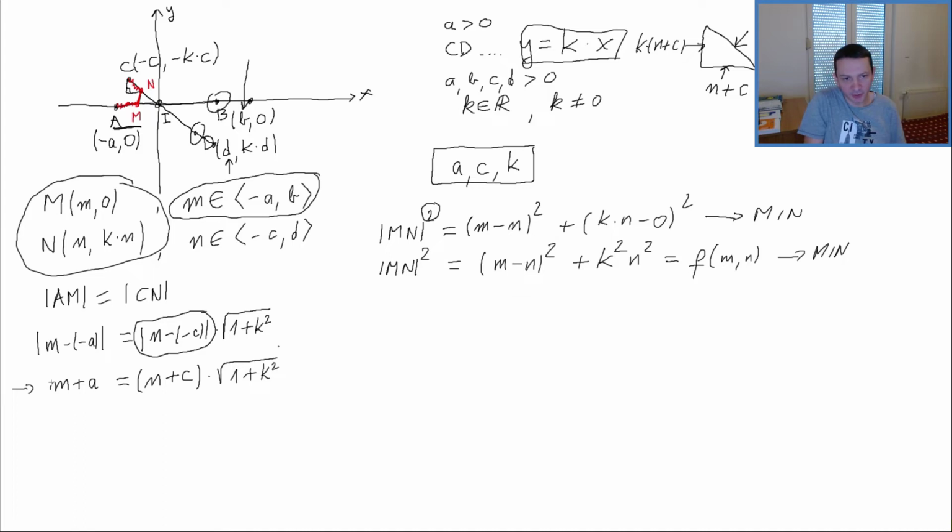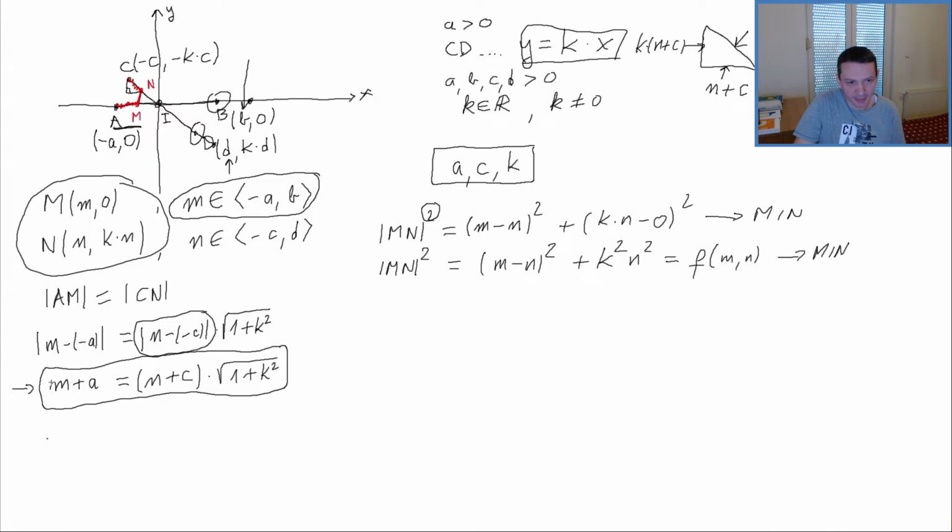And we have this condition. Those of you who are familiar with minimization with constraint, you can use Lagrange function with Lagrange multiplier, but we shall of course solve this in a much simpler way.